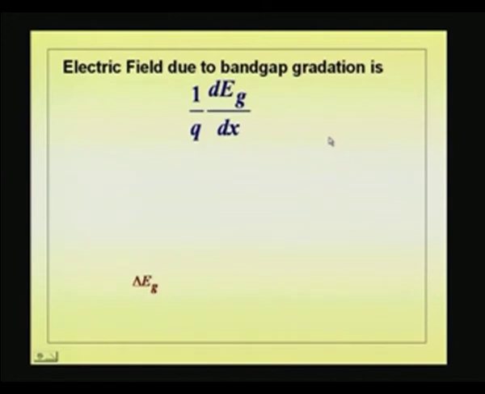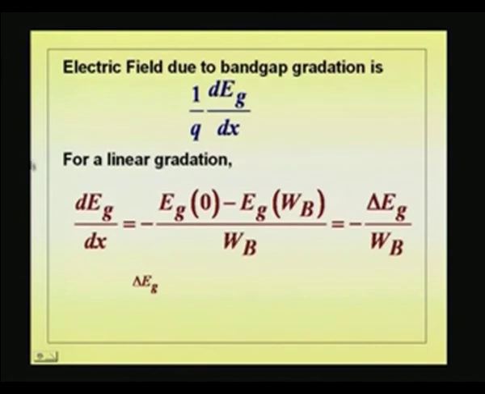For a linear gradation, in the sense you have the band gap varying linearly, delta Eg varies as a function of x linearly, then you get dEg by dx equal to minus delta Eg by WB. The negative sign is there because dEg by dx is negative. Magnitude is delta Eg by WB.